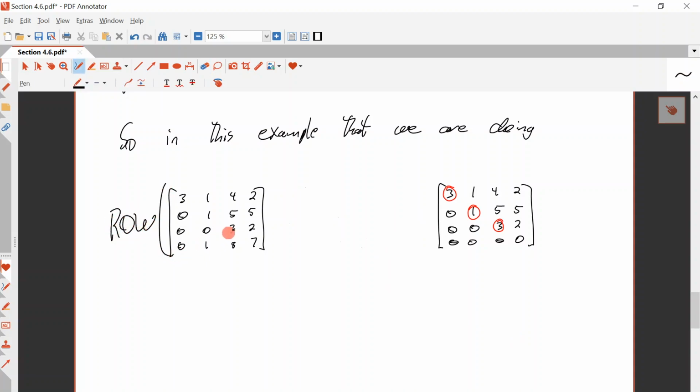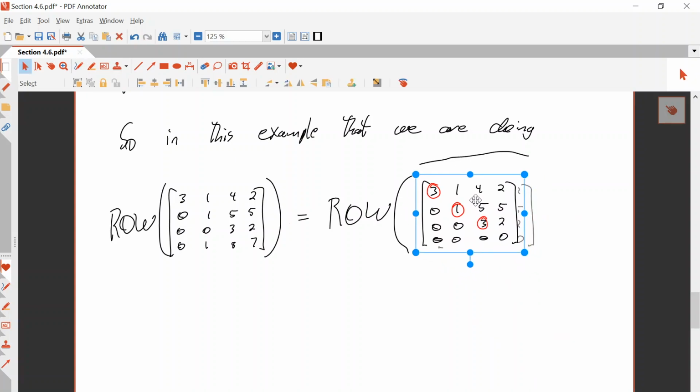The row space of this matrix is equal to the row space of the reduced matrix, which is this.